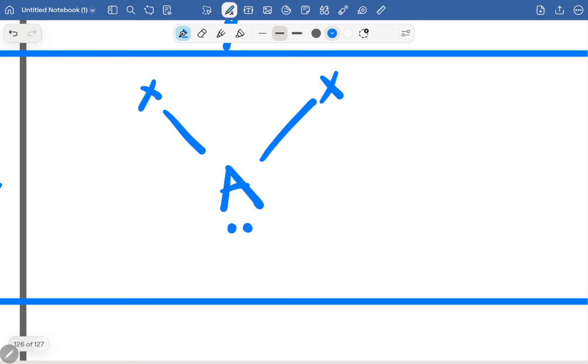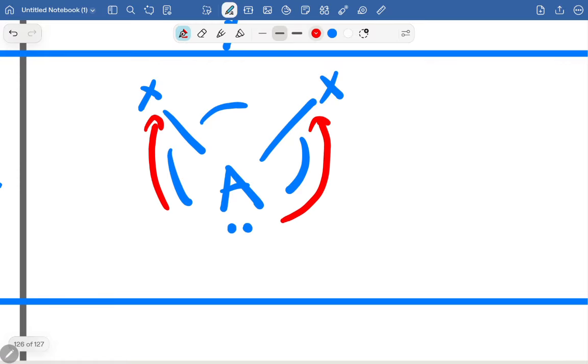What about the angles now? Each of the angles are now going to be different than the previous one. Now, the interesting part is that the angle between the lone pair and the bonded pair is greater than the angle in between the bonded pairs. Now, the angle in between the bonded pairs is going to be slightly less than 120 degrees, right?